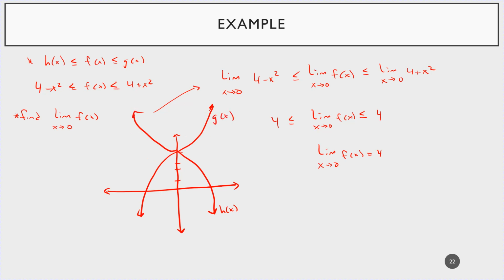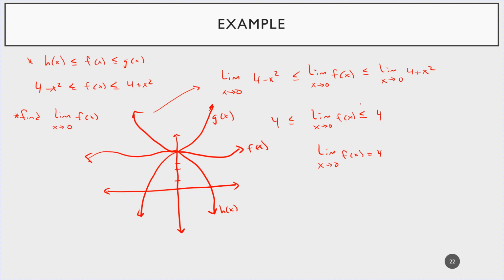So look, if f of x is always bounded between that, we don't even know what it is, but we're squeezing the limit by these inequalities, and we see that the limit of f of x as x goes to 0 is the same thing as the limit as x goes to 0 of these two functions here.